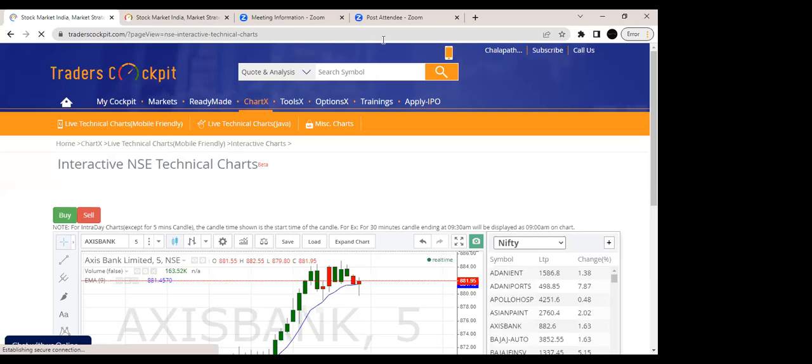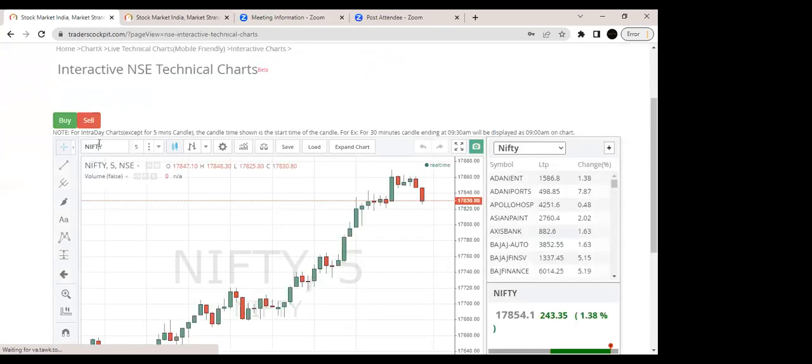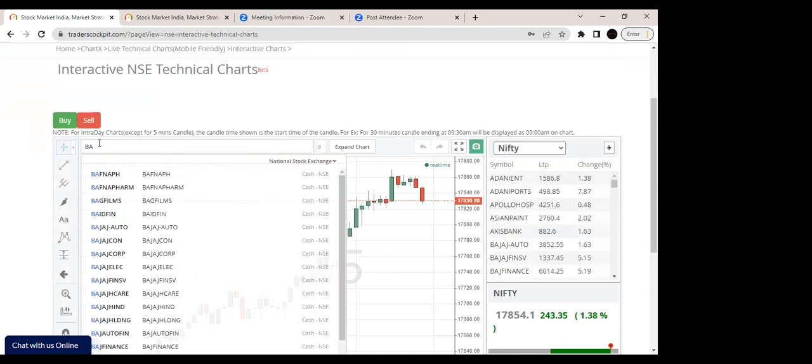I'll go through a few stocks and share with you, live in the markets, where we got the setups. So here I'll take a few stocks and explain to you. Let's say I'll take Bajaj Auto here.